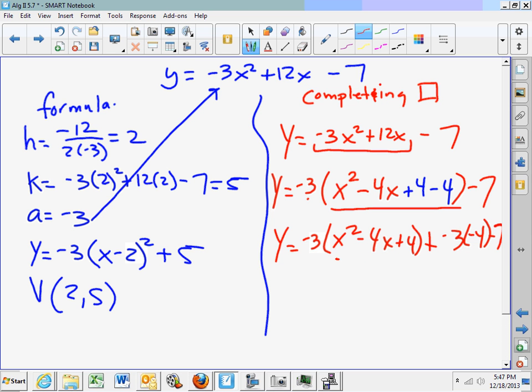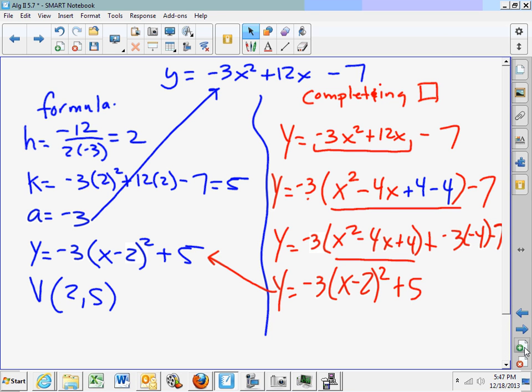Now, this trinomial is a perfect square, so we get y equals -3 times x minus 2 quantity squared. Now, -3 times -4 is positive 12. 12 minus 7 is 5. So notice, once again, I get the same vertex form using each of the methods.